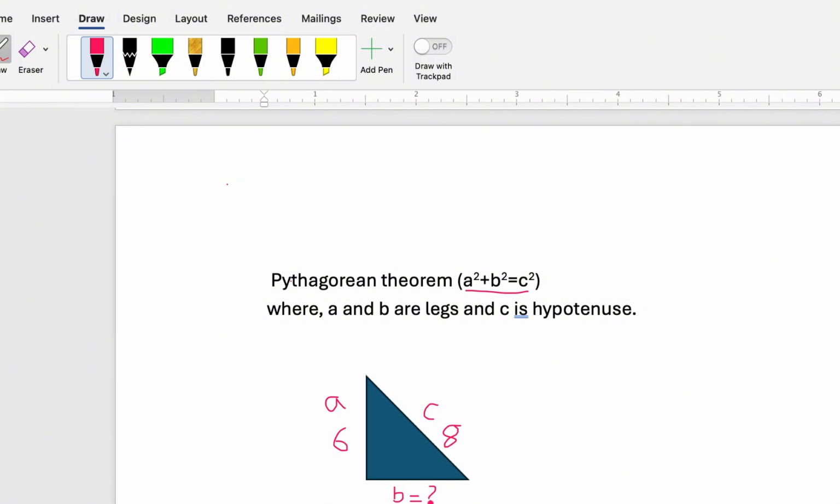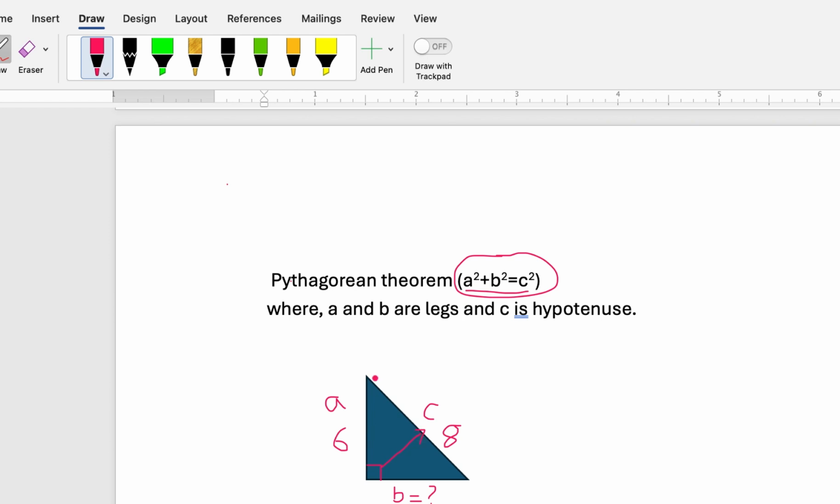I'm going to use the Pythagorean theorem to find the missing side. I know my A is 6, my B is missing, and the C is 8. I do not know if C is the hypotenuse yet, but the one thing that tells me is that the hypotenuse always has to be across from the 90-degree angle.